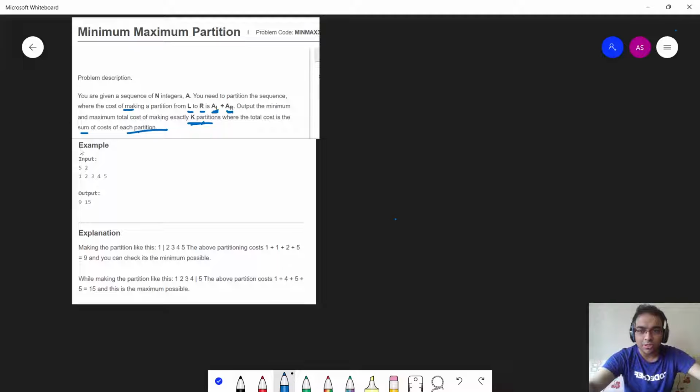So let me demonstrate what the problem statement exactly means using this example test case. Here the question is saying I have an array of 5 integers. My k is equal to 2. That means I have to partition the array into two partitions. So consider my array 1, 2, 3, 4, and 5. If I partition the array this way, this is my first partition, and this is my second partition.